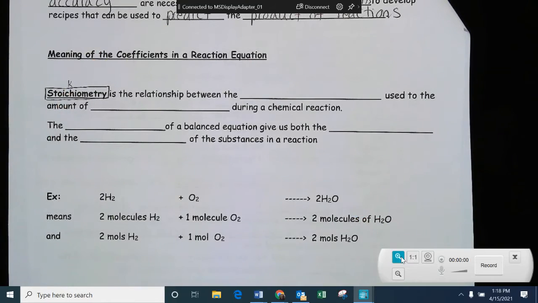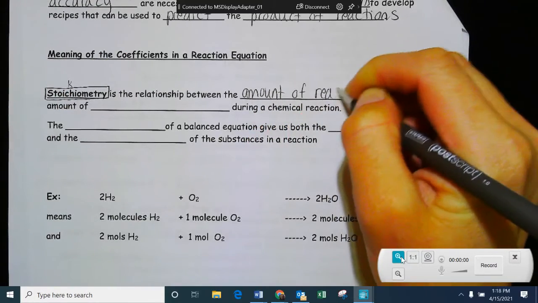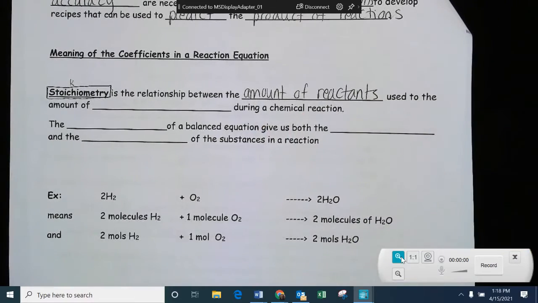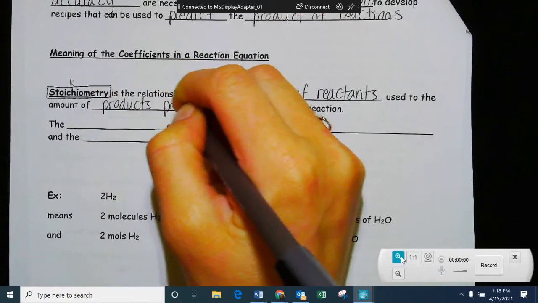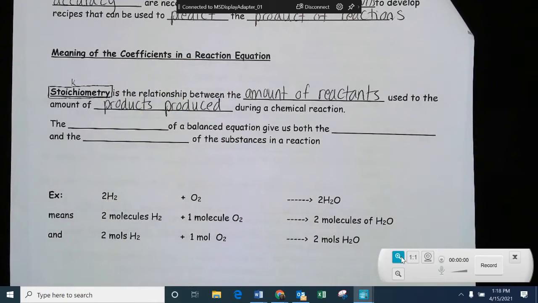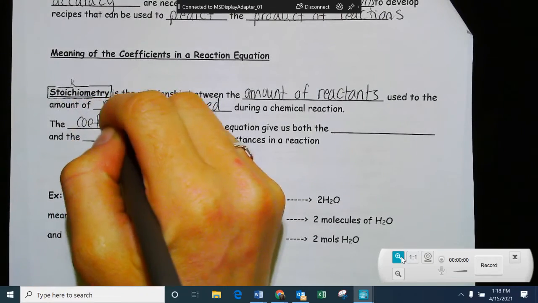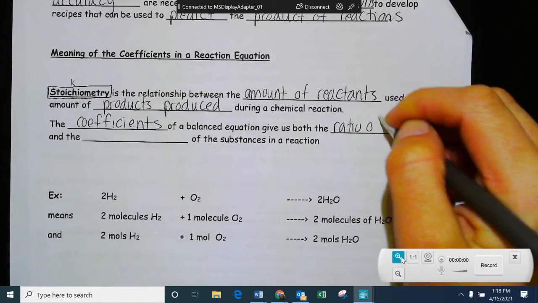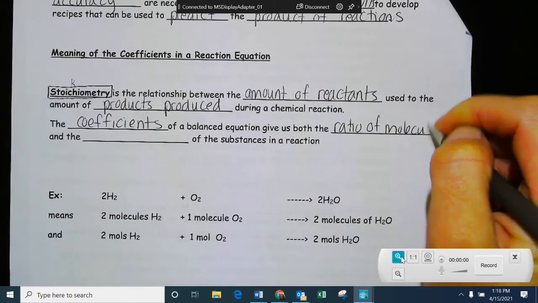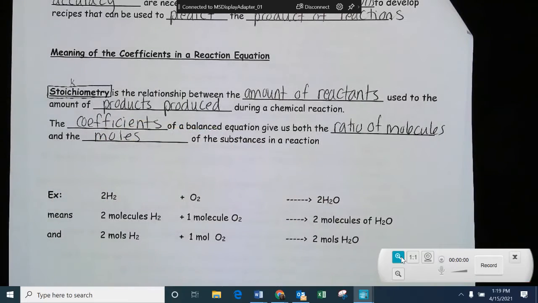It's the relationship between the amount of reactants used to the amount of products produced during a chemical reaction. And the coefficients are what's giving us that ratio of molecules and the moles of the substances in the reaction.